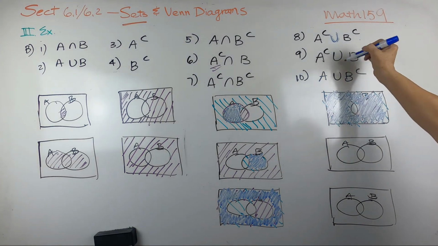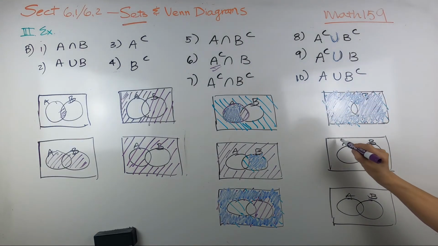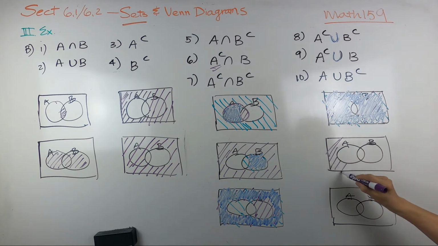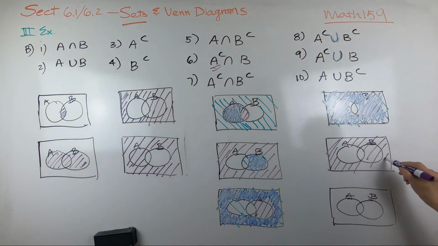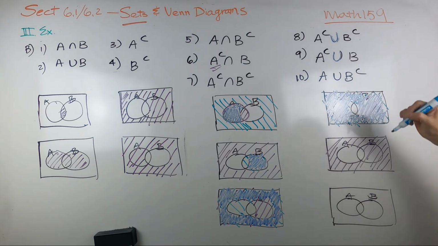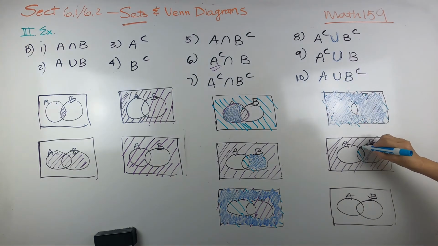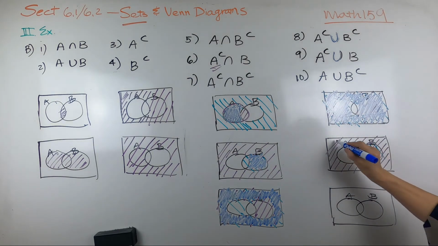How about just A complement union B? So A complement is outside of A. That's here, not A, right? That would be here. Then, union B. B is what? Here, the whole B. Then we want a union, means cover them all.